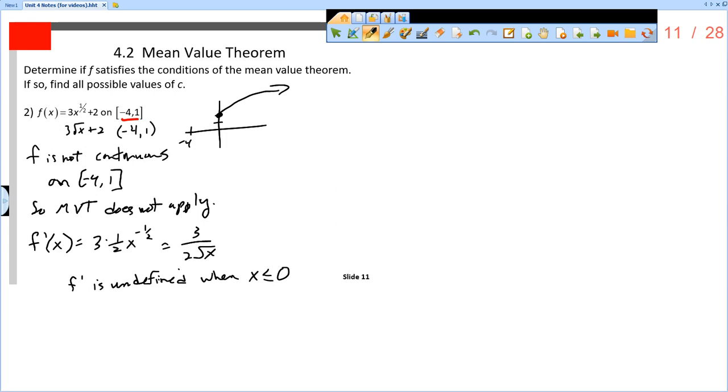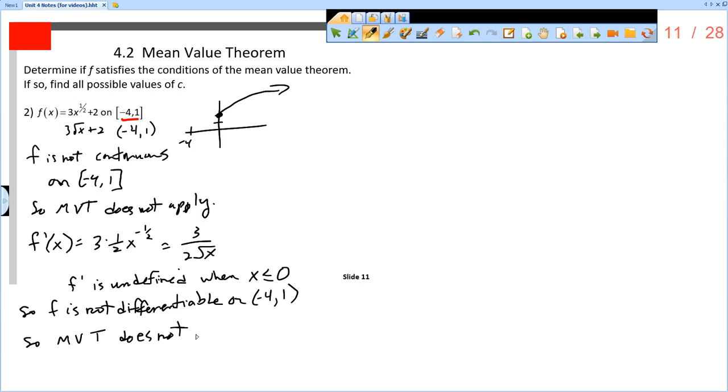So it's not differentiable at any of those values, okay? And so you would say, once again, f is not differentiable on -4 to 1. And then, of course, the mean value theorem does not apply.